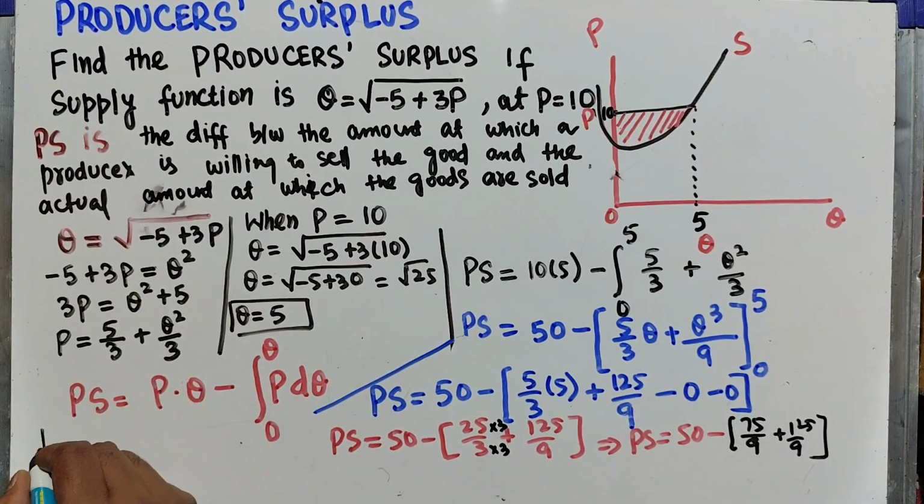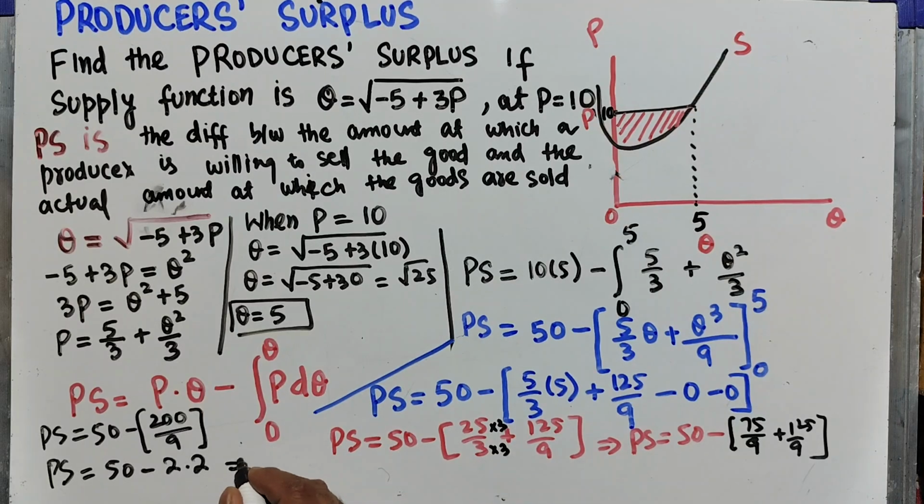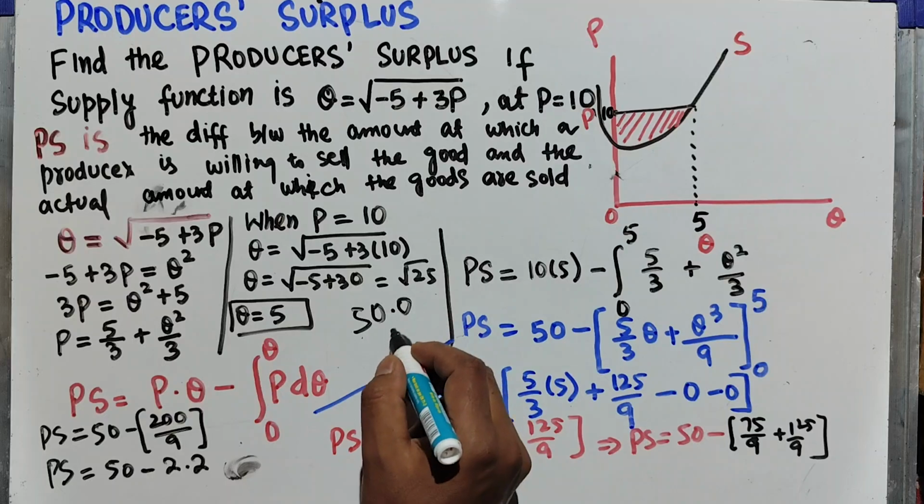That gives us producer surplus equal to 50 minus 200 divided by 9. 200 divided by 9 is 22.2 and so on.